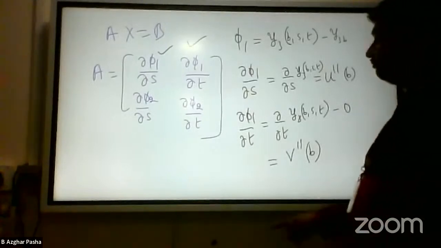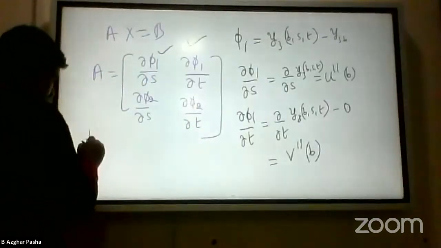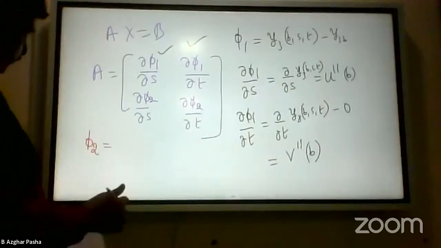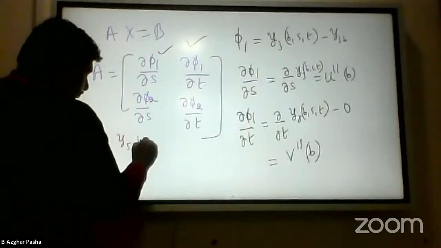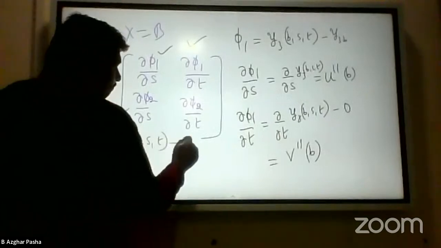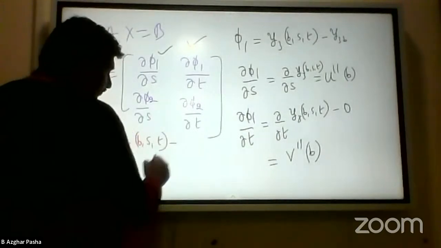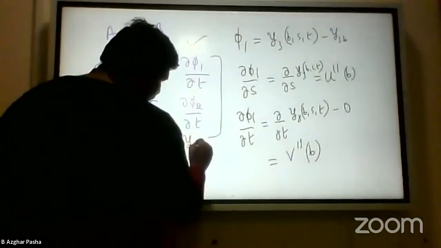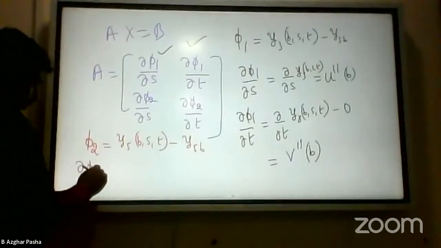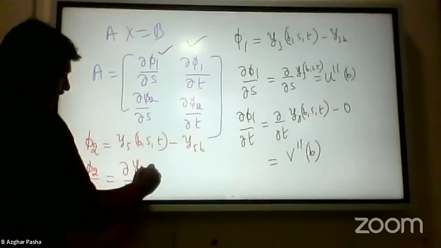Next, phi2. What is phi2? Phi2 is y5 of (b, s, t), the solution of the initial value problem at x equal to b, minus y5t, the boundary condition. So ∂phi2/∂s is nothing but ∂y5/∂s at b.